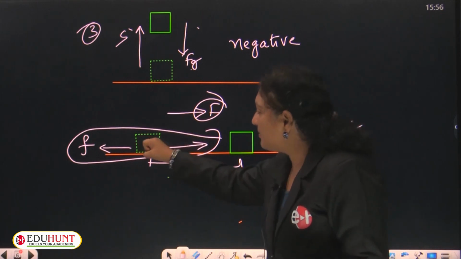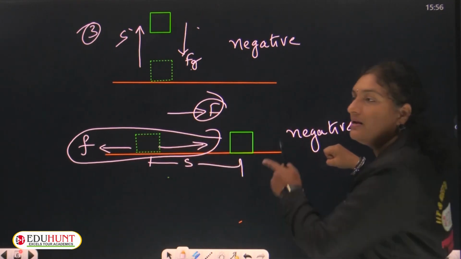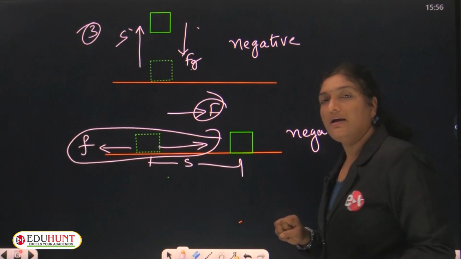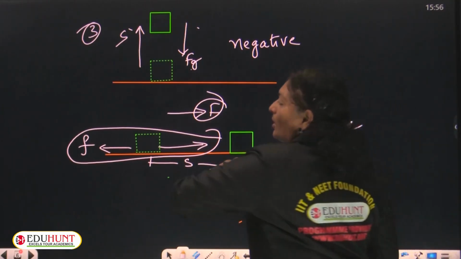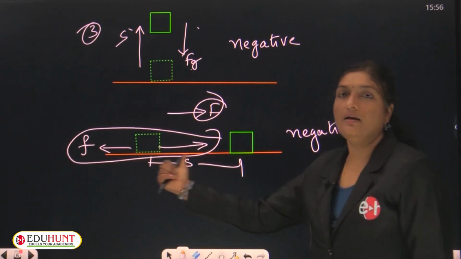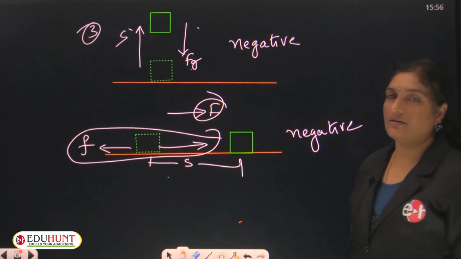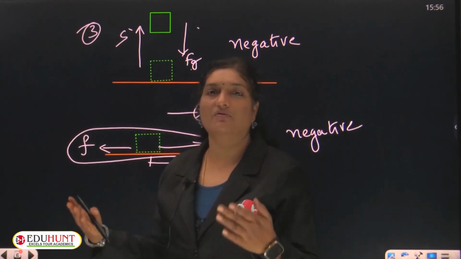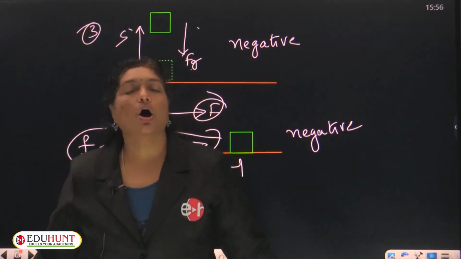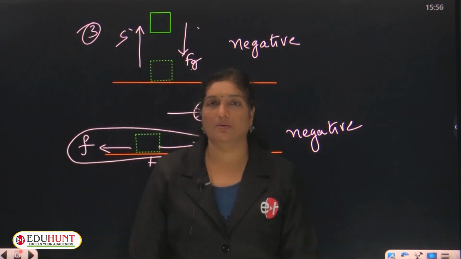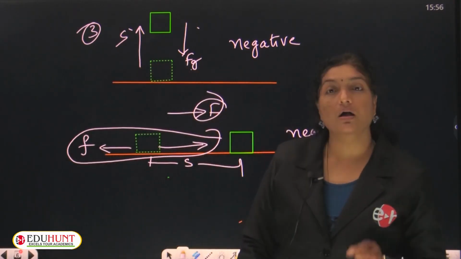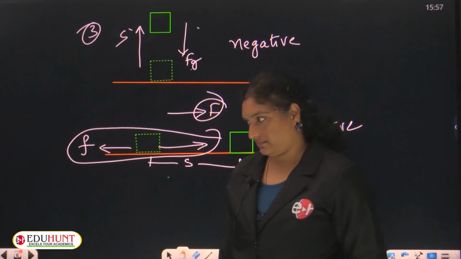Because whenever the body is dragged towards the right side, the frictional force acts towards the left side. If the same body is dragged towards the left side, the frictional force will act in the opposite direction. So frictional force always acts in the opposite direction to the motion of the body. So this is an example of a negative work done.